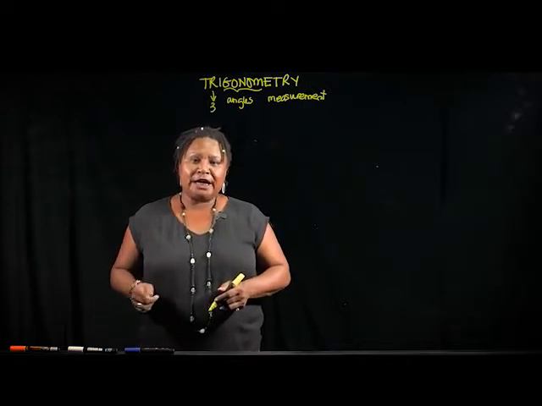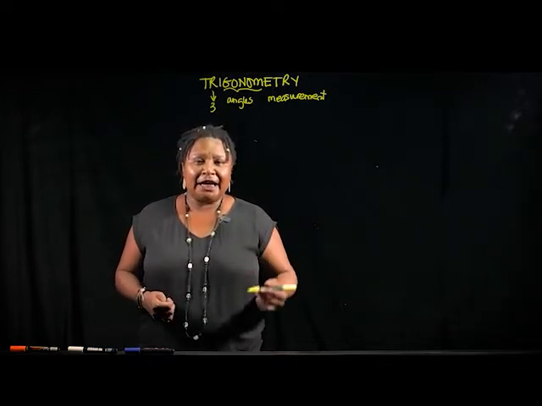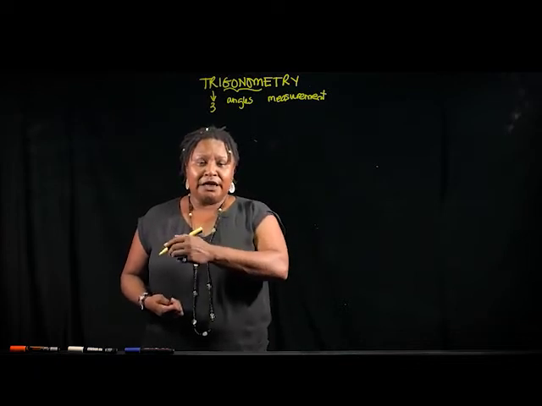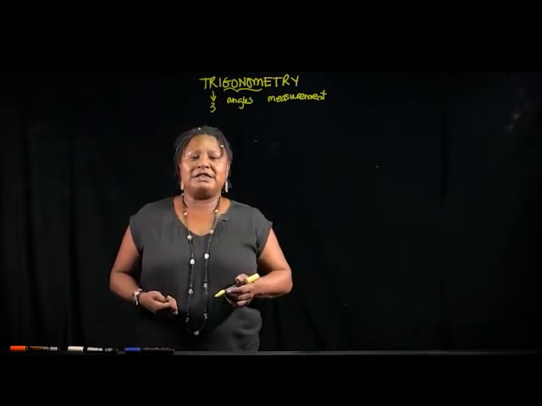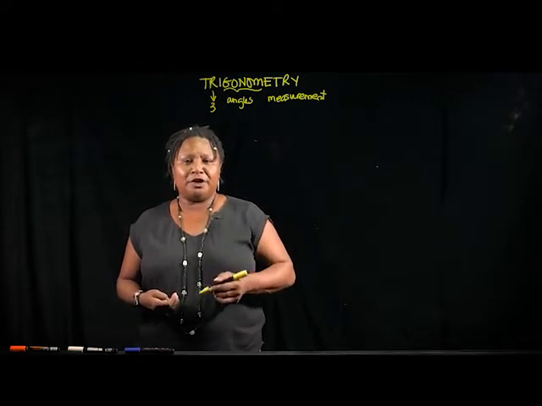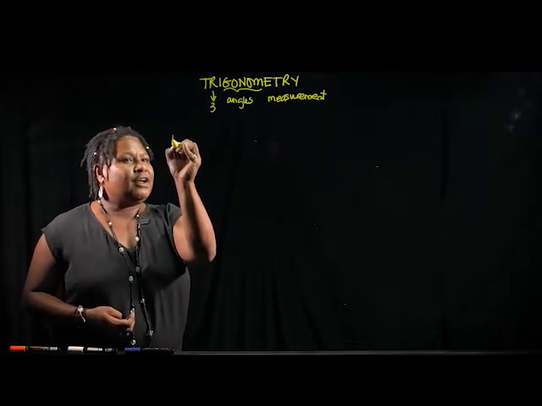So let's look at the triangle. By now we should already have an idea. We looked at the right angle triangle when we were learning about Pythagoras, so we're still looking at the right angle triangle in trigonometry.